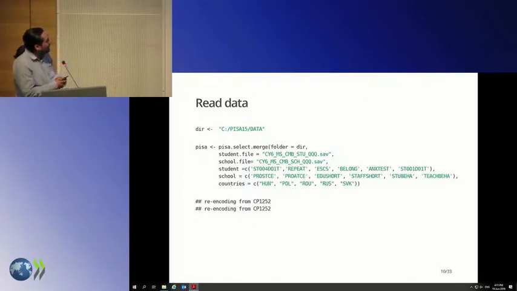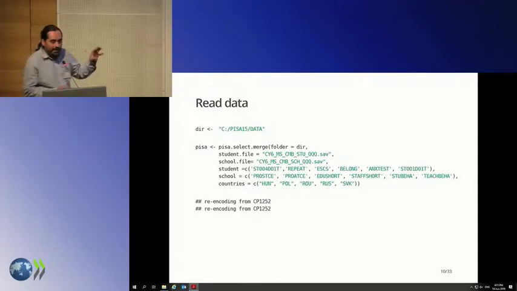As a result of this function, where the user is supposed to supply all these arguments, you will obtain a data frame, which is here pisa, which will contain selected data for these variables and these countries. And the same logic applies to other international assessment studies.